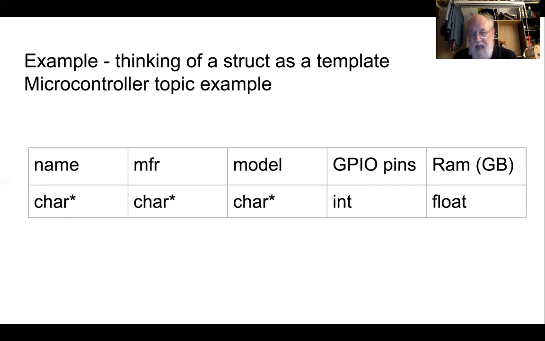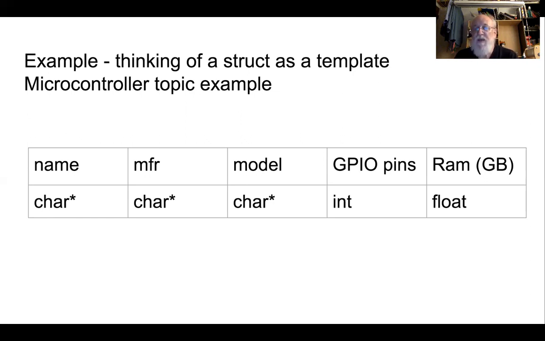I collect the name of the microprocessor, that's like Arduino or Raspberry Pi. The manufacturer, that's the company who made it, and usually the company that made the chip. The model; for Arduino, a common one is an Uno or a Nano.